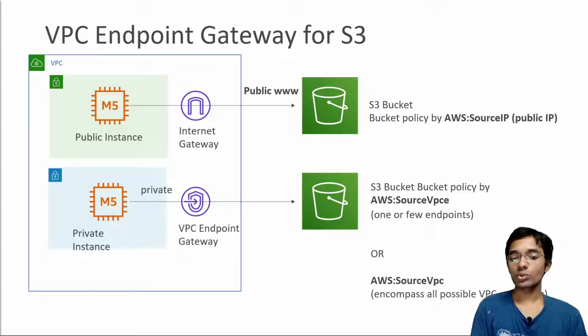Option 2 is we have an instance in a private subnet, and we want to access the S3 bucket. There's a way where we could have this private instance go through the NAT gateway, then the public subnet go through the internet gateway, and then go through the public route.